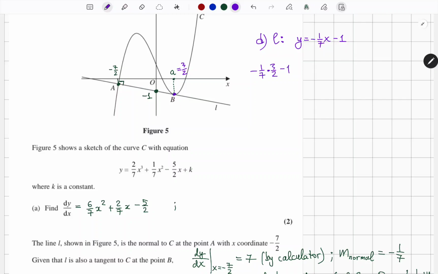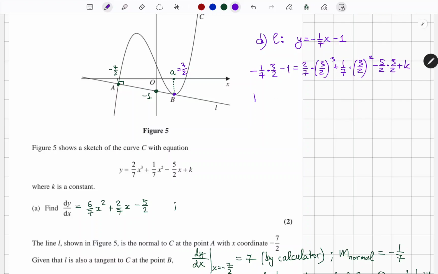I know these fractions drive me crazy, but I have a calculator, so don't worry. And then I put 3 over 2 in the curve: 2/3 times 3 over 2 cubed plus 1 over 7 times 3 over 2 squared, minus 5 over 2 times 3 over 2 plus k.